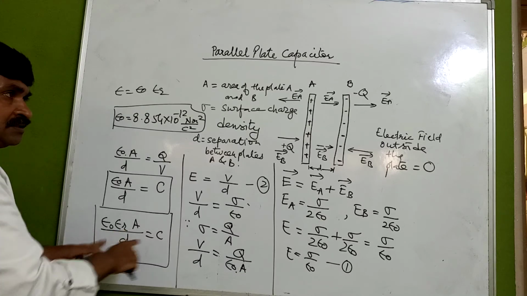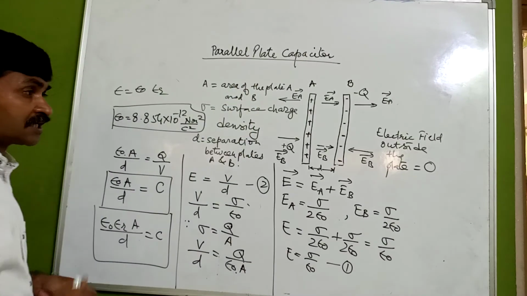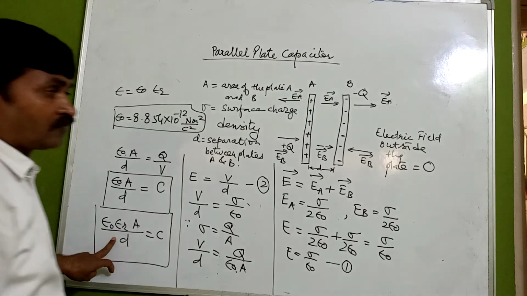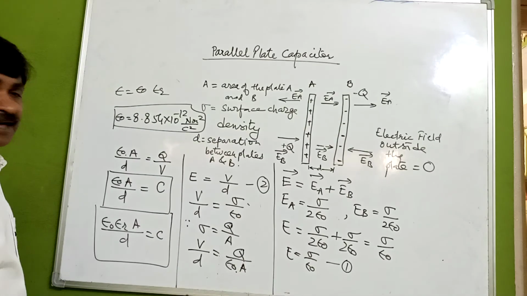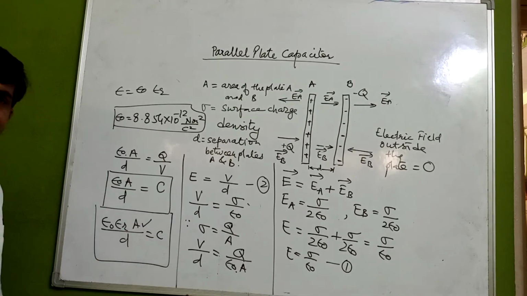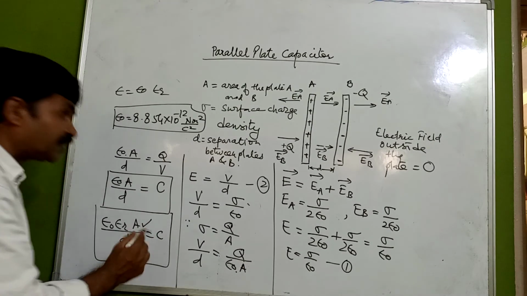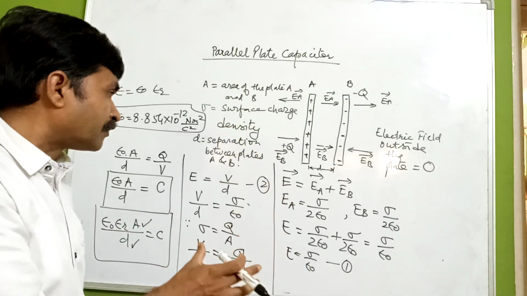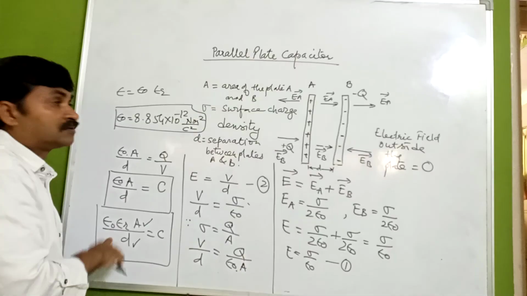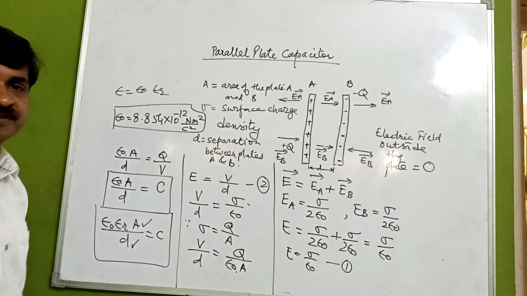But here we can conclude that capacitance depends on the area of the plate, A, and D, the separation between the two plates. Epsilon naught is 8.854 into 10 raised to the power minus 12.